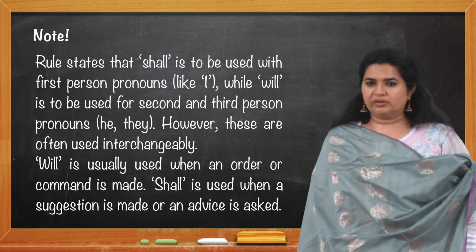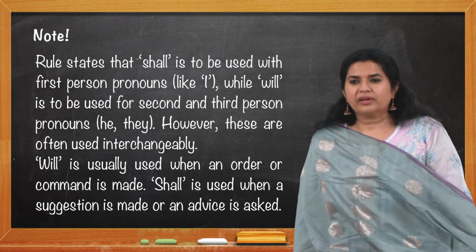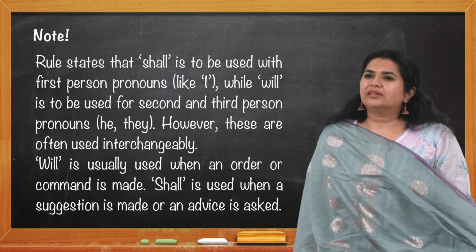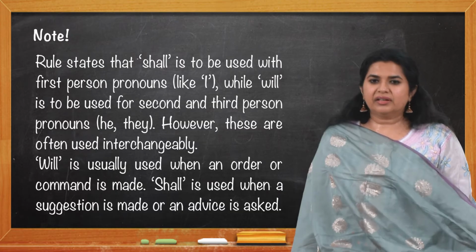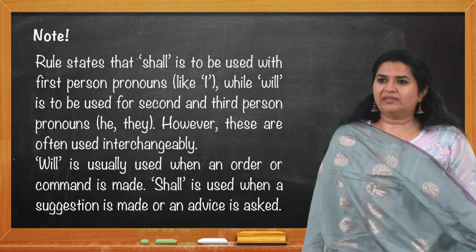I shall not do it again. Okay. So, generally speaking, we agree that shall is used with I, but it is also used when a suggestion is made or when advice is asked.